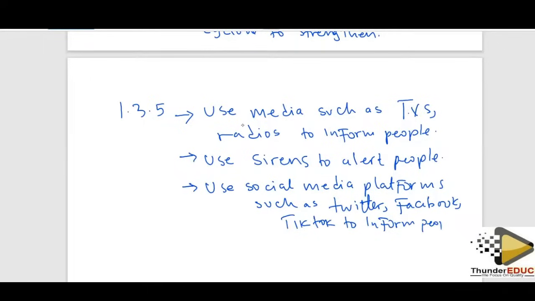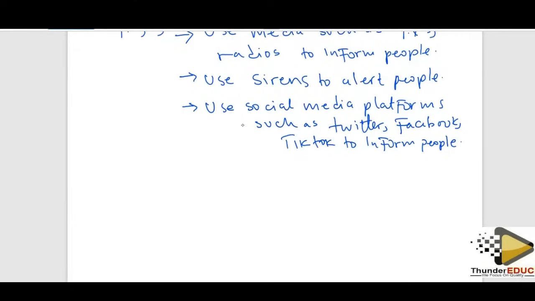So if we can use it as a systematic strategy to as well inform people. We could as well think of using satellites.